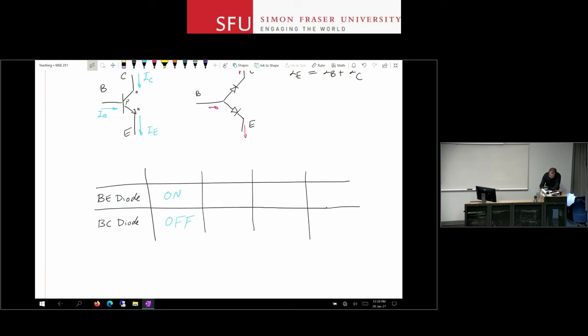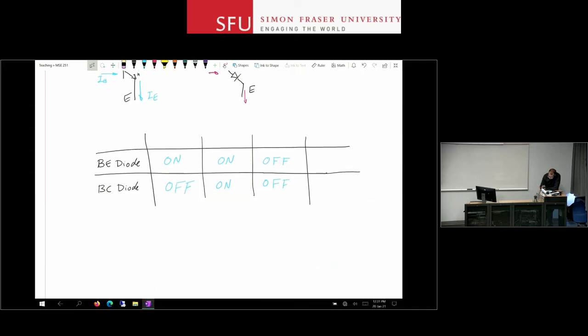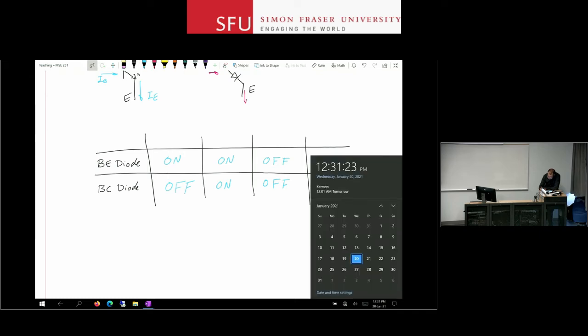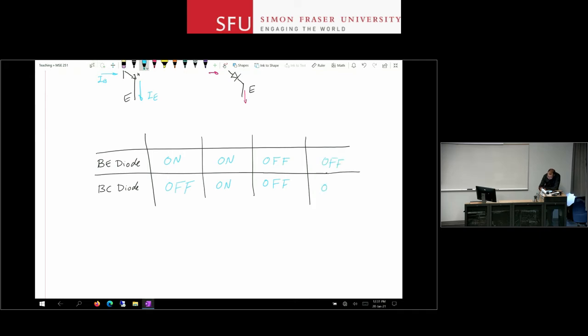So one situation is that the base-emitter diode is forward biased, base-collector is reverse biased, or on and off. Another situation is that both of them are on. And I have another one where both of them are off. And then the 4th possibility here, depending on the circuit that you put around this device, is that the base-emitter is off and the base-collector is on.